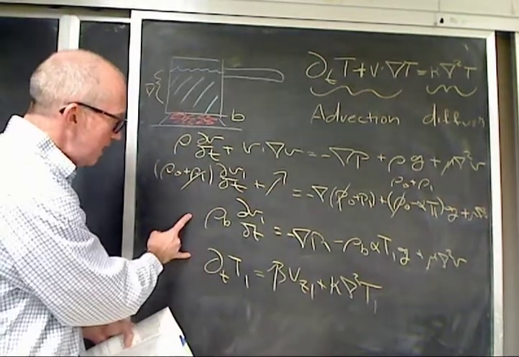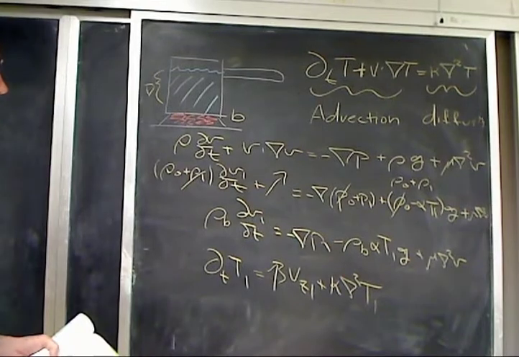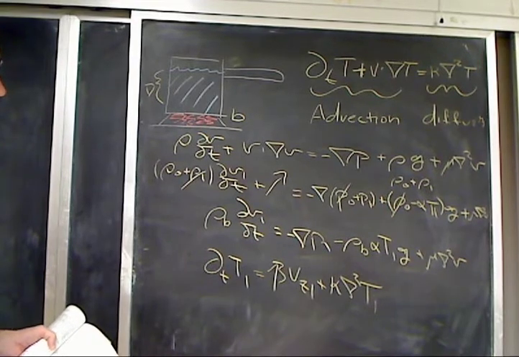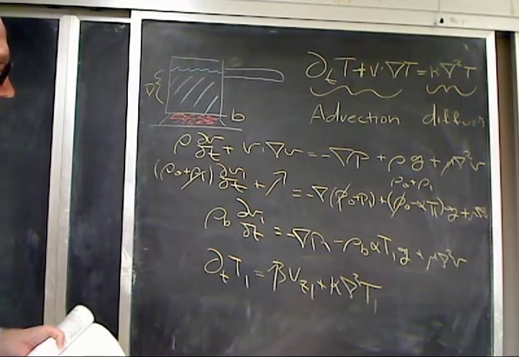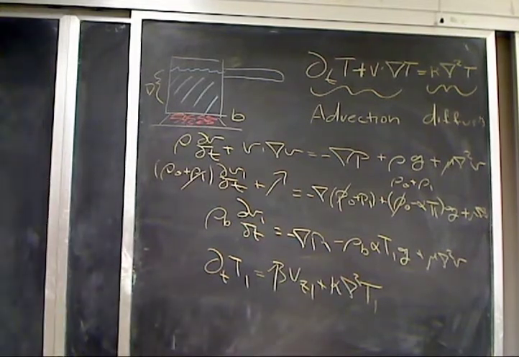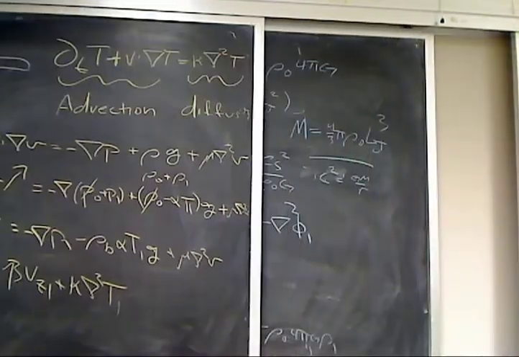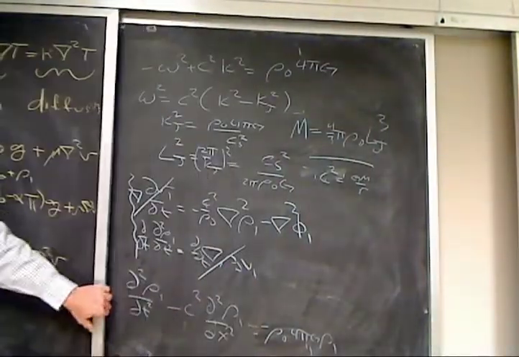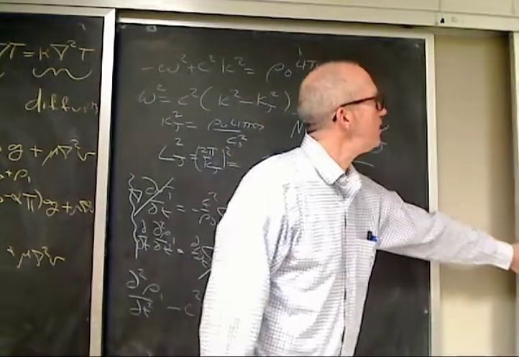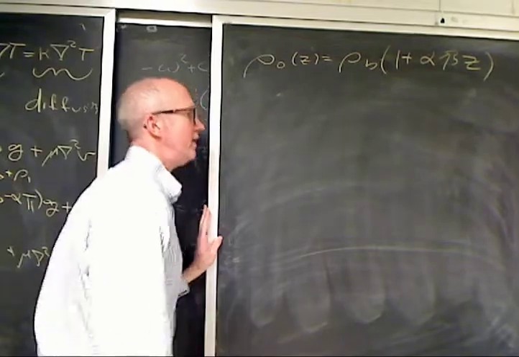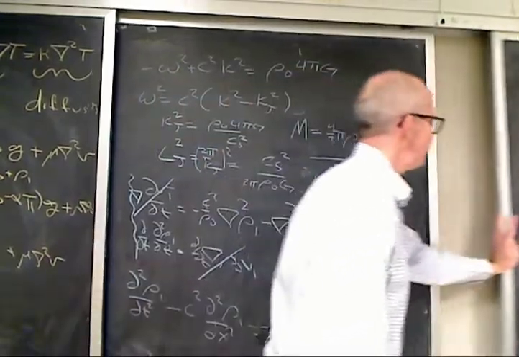So now again, I've got two equations that we've linearized, and now we've got to, again, combine them. Finally, let's see what we can do. I forgot, I hate this one. Let's just use this one.